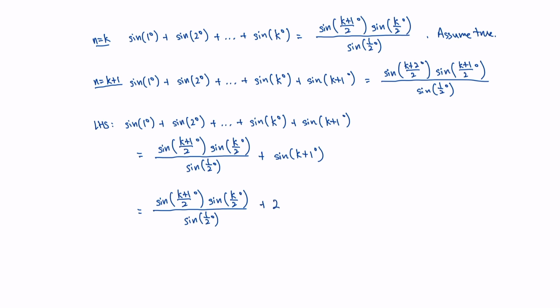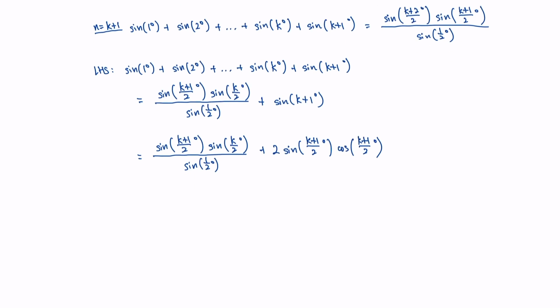So 2, and we'll have sine of the angle divided by 2, cosine of the angle divided by 2. All right, and now, because we've done that, we've got a common term, right? We've got a common term of this sine of k plus 1 over 2. Alrighty, so let's do that.